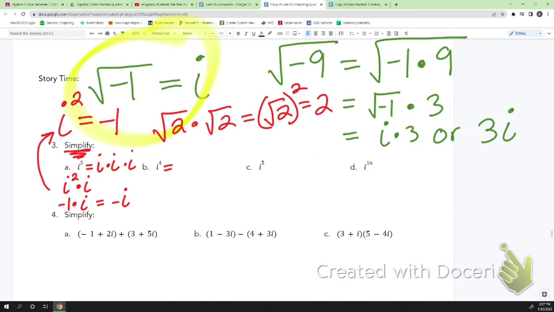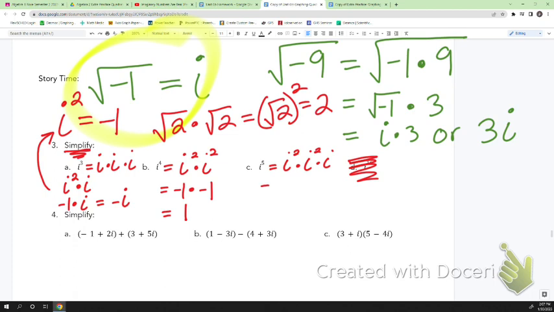i squared times i squared. And those are both equal to -1 times -1. So i to the fourth is really equal to 1. Let's break down i to the fifth. I want i squareds to appear. i squared times i squared times i.